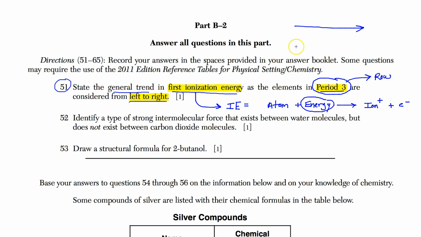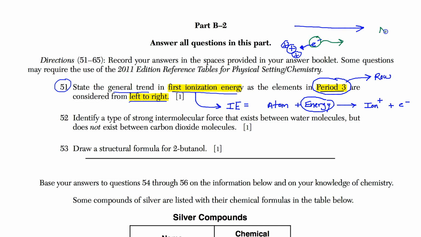So as I add atomic number, the actual pulling force of the nucleus increases, and the electrons are held more strongly as I add more protons. So we would expect it to take more energy to pull that electron away.